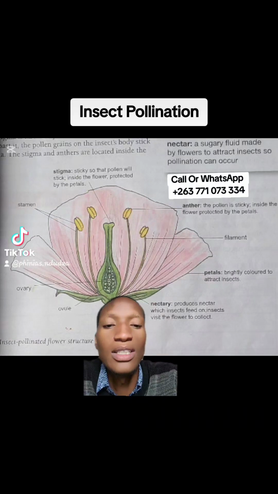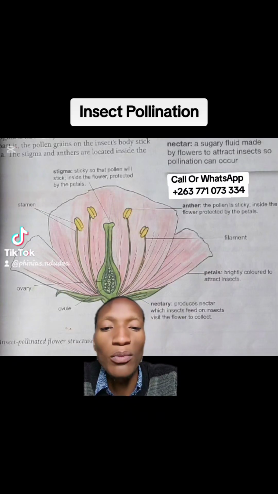What are the adaptations of a flower for insect pollination to occur? Number one, the flower must have bright colored petals in order to attract insects and facilitate insect pollination.